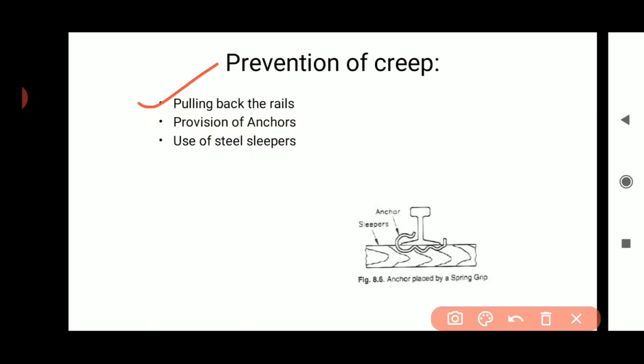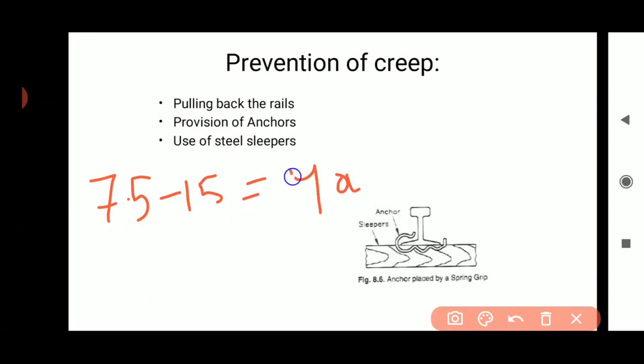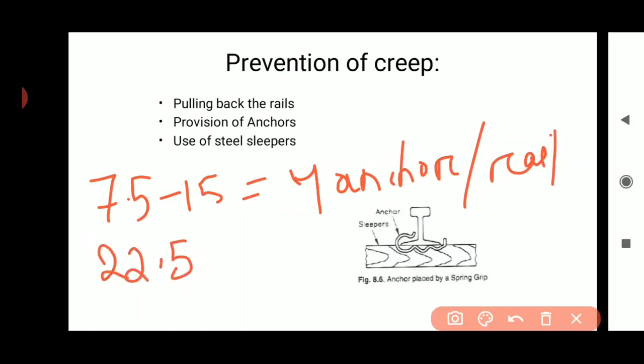For creep of 7.5 cm to 15 cm in a month, 4 anchors per rail, and for creep of 22.5 cm to 25 cm, 6 anchors per rail are used in Indian practice.